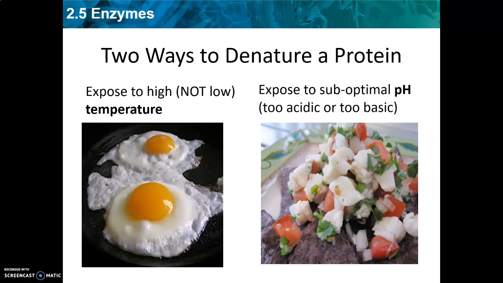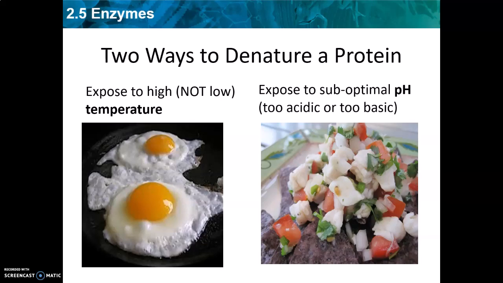So you have two pictures here of examples of denatured proteins. There's a lot of protein in egg, and so if you cook an egg, you're exposing it to high temperature, and that denatures the protein. You can tell because it changes texture and it changes taste. The picture on the right is ceviche, which is a raw seafood dish, but it looks like the seafood in this dish has been cooked.